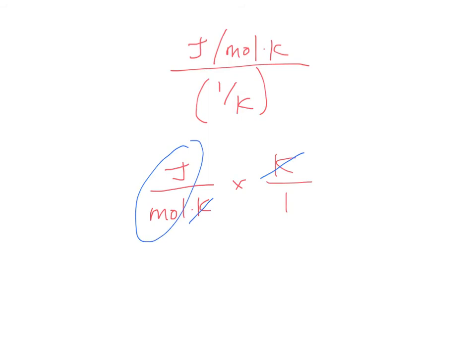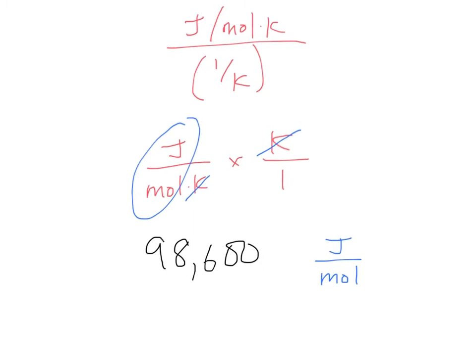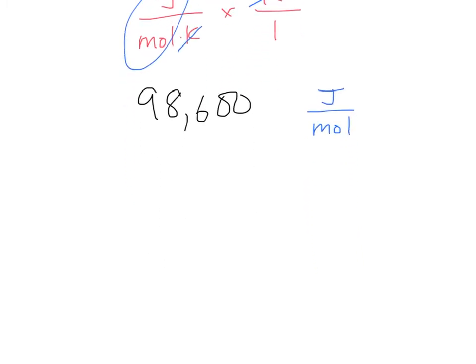And so with that, we know our activation energy is going to have units of joules per mole. If we plug into the expression above, throw all the numbers in, and keep track of significant figures, we should get 98,600 joules per mole.